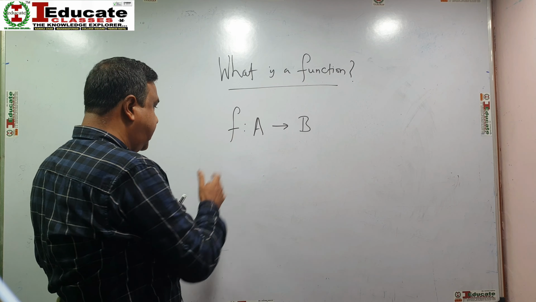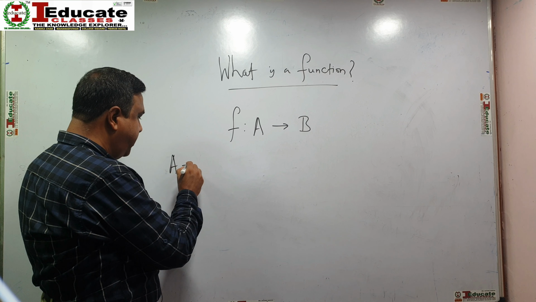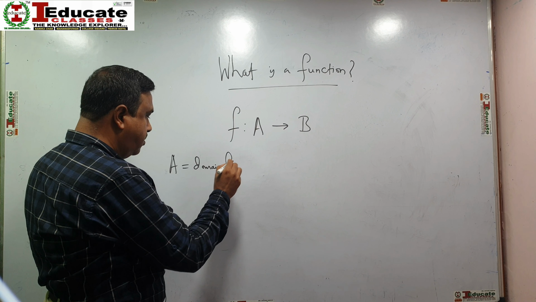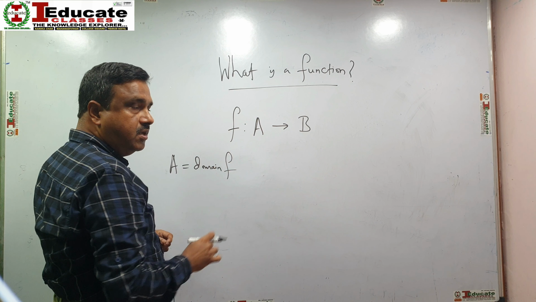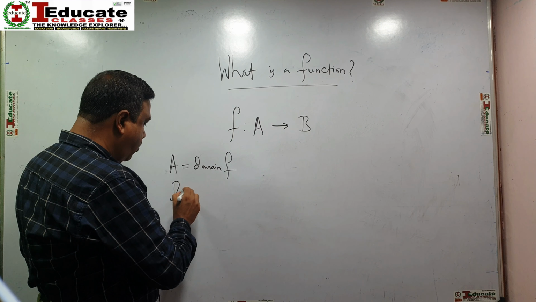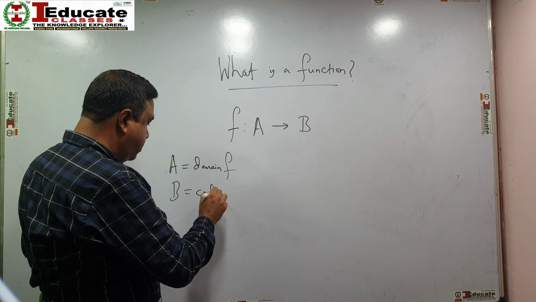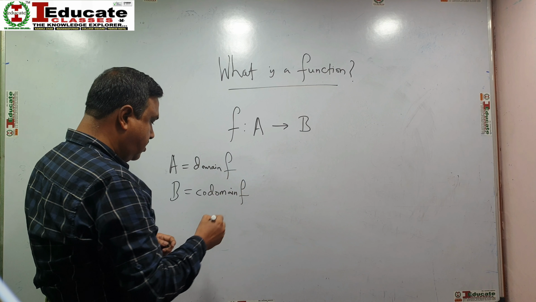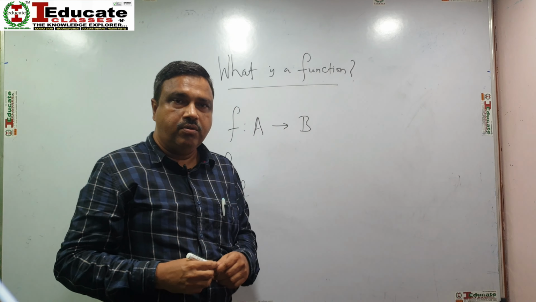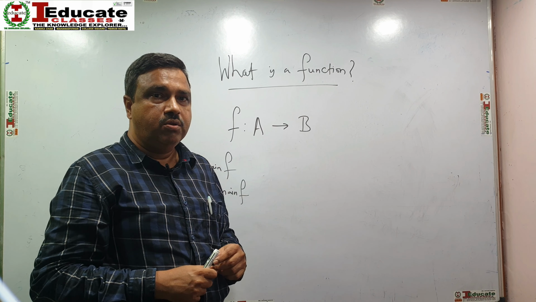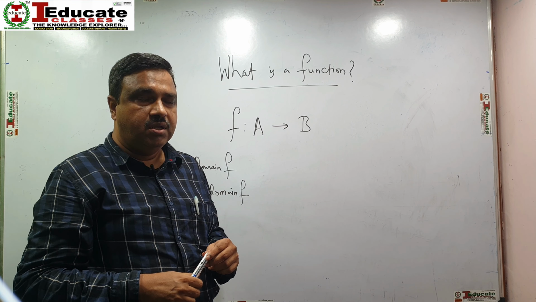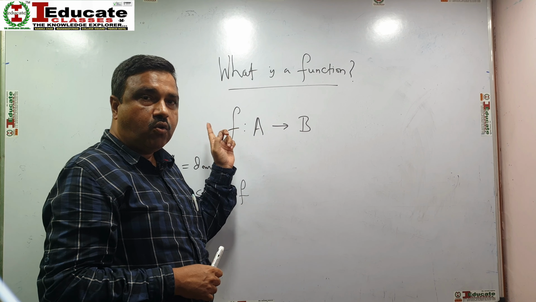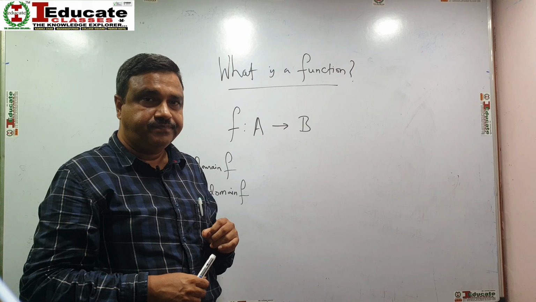So this set A is called the domain of the function, and this set B is called the codomain of the function. So there are only two rules which must be satisfied so that we can call this a function.